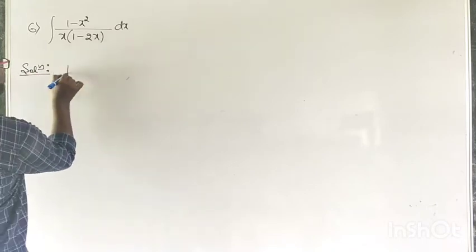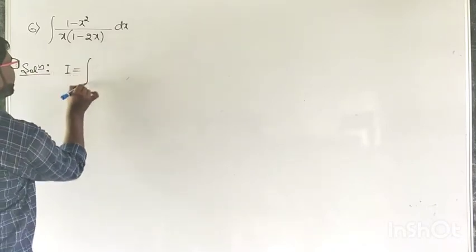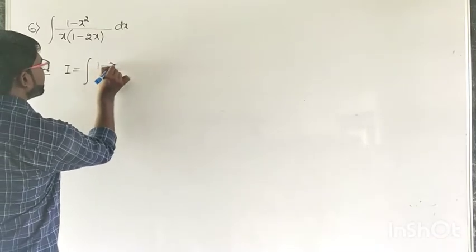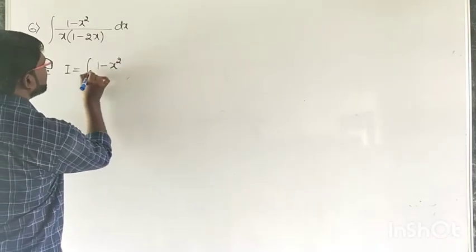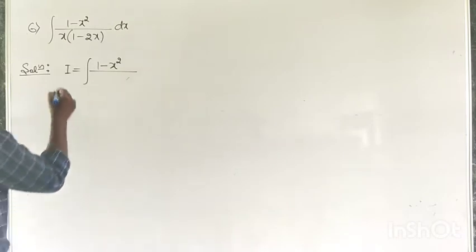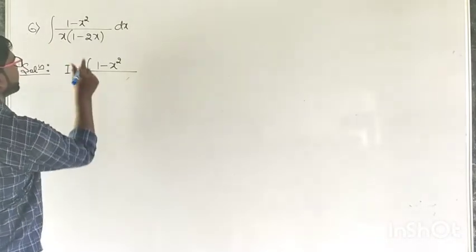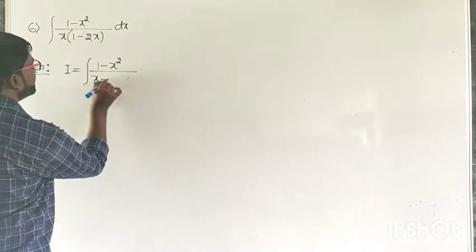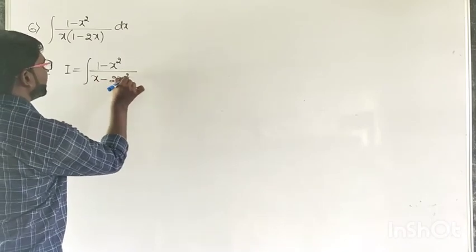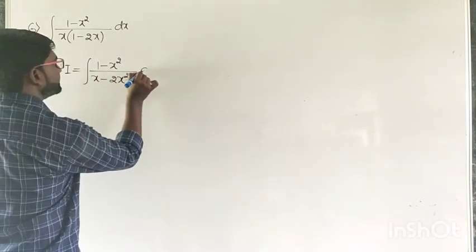So I take this as I, which is equal to the integral of 1 minus x square divided by, multiply this inside now, x minus 2x square dx.